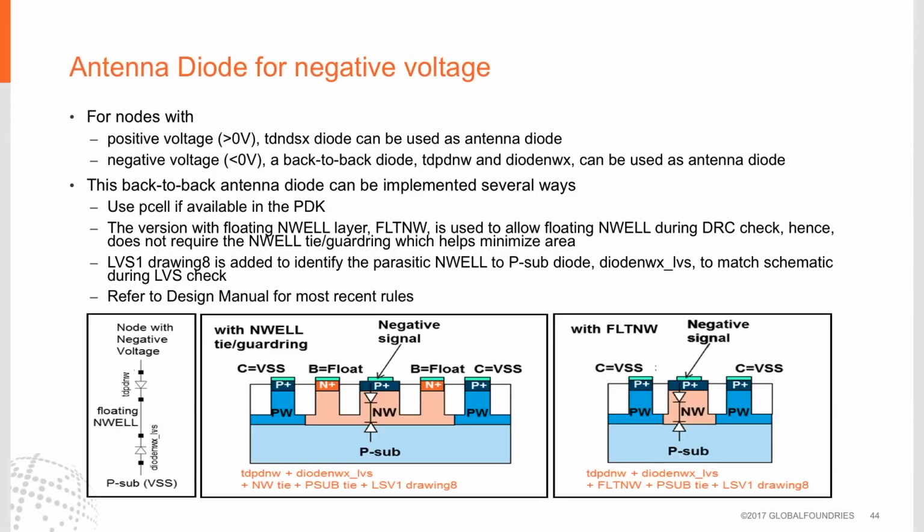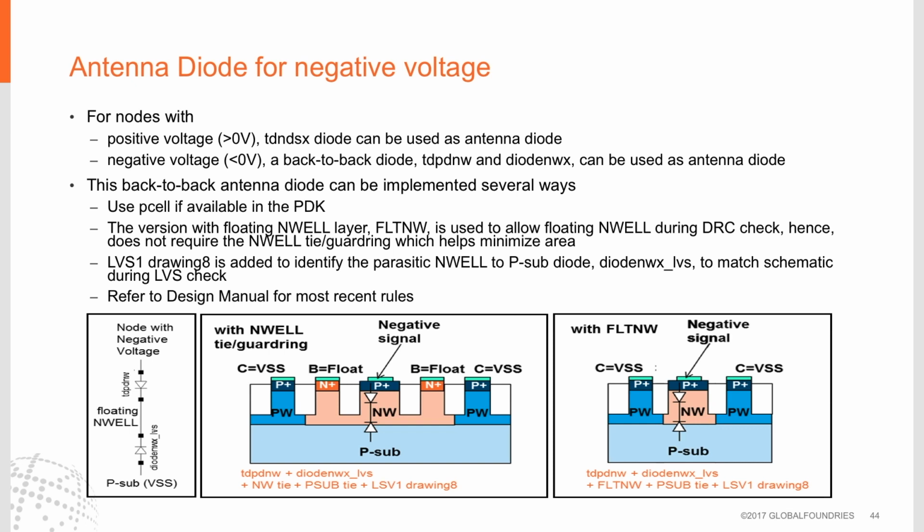When trying to attach an antenna diode for negative voltage, you need to use the back-to-back diodes. You can implement these in several ways. You can use a P-cell if it's available. There's a version with floating N-well, FLT-NW, and that is used to allow floating N-well during DRC check, and hence it doesn't require the N-well tie or the guard ring, which helps minimize the area.